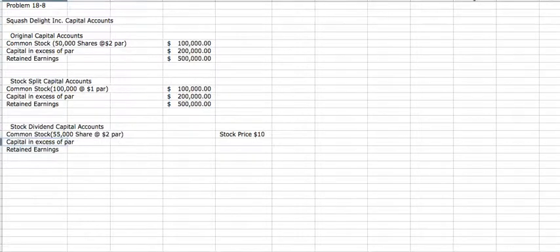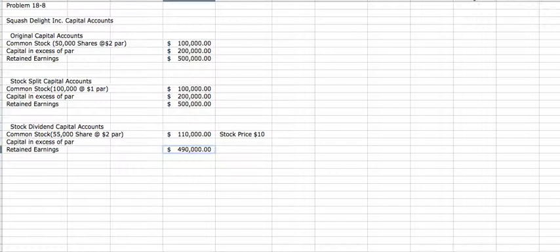Nothing happened to our par value, and that means if we do the math on here, we have an additional $10,000. Now that $10,000 from an accounting standpoint gets transferred from our retained earnings account and moved into the common stock account. So now we have 110,000 in our common stock account, and we have only 490,000 at this point in our retained earnings account.